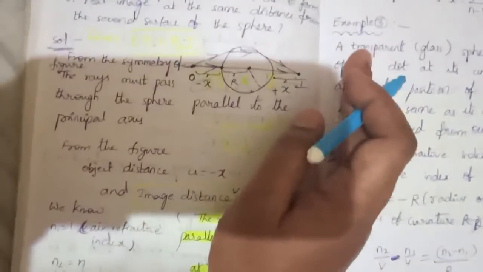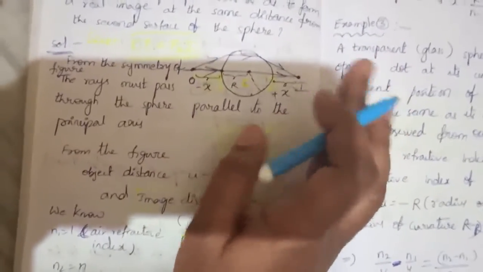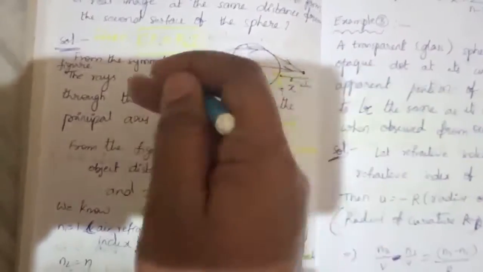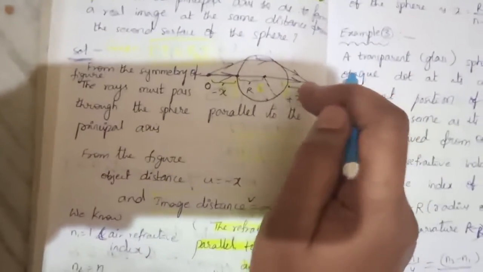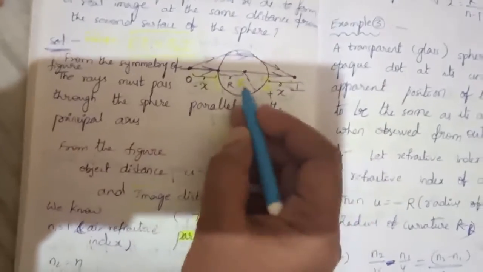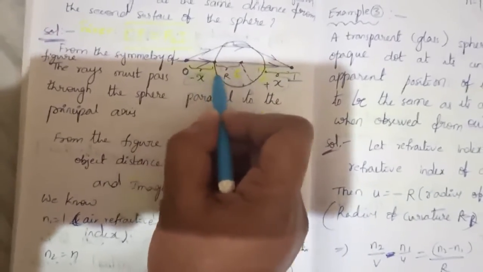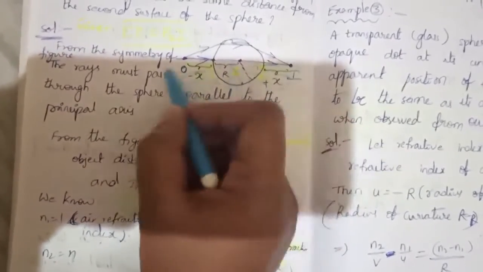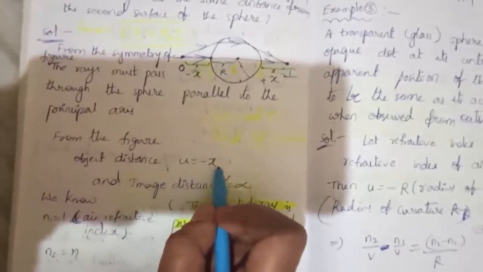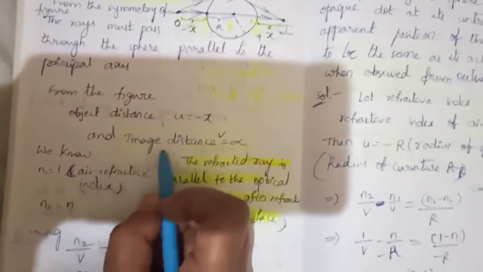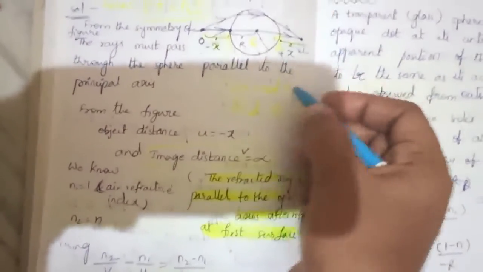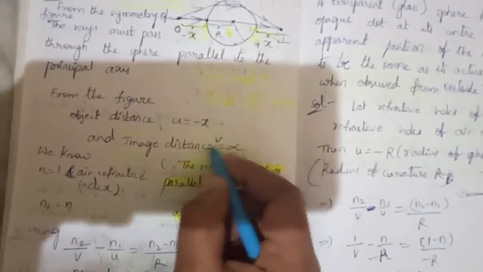From the symmetry of the figure, the ray must pass through the principal axis or parallel to the principal axis. Another ray we are going to take. From the figure, object distance u is equal to minus x, because the incident ray is in this direction, and object distance we take opposite to the incident rays. And image distance we suppose at infinity.